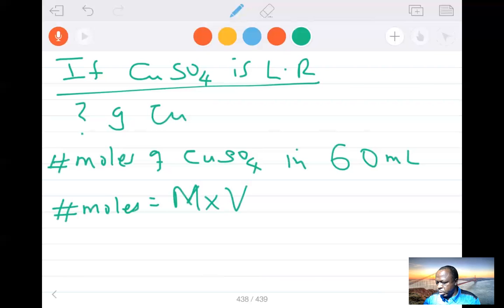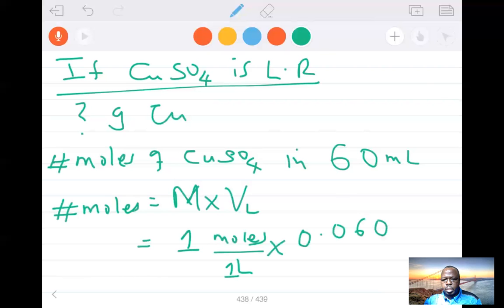Molarity is 1 mole per 1 liter times 0.060 liters.